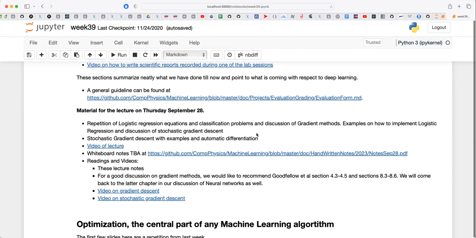Then we ended up with a set of equations which are non-linear in the parameters beta. That's simply because the parameters beta are arguments to an exponential in the definition of the probability distribution.